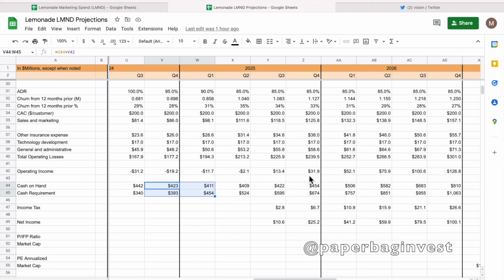At this point, they're losing maybe 30 million a quarter, 19 million a quarter, 10 million, and suddenly they could flip the switch later that year, 2025. So hopefully the market could see that coming and reward the stock for that.